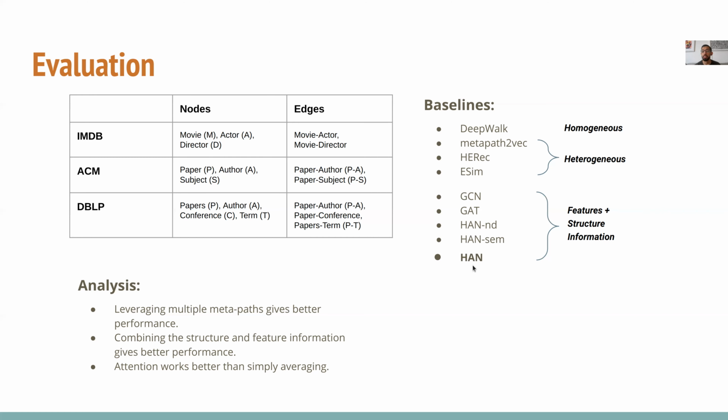They know that because HAN gives better results than metapath2vec, for example, another approach that also employs metapaths but does not work with features. Finally, we can see that attention works better, because when they apply attention they get better results than when they apply only one kind of attention or the normal average. And this is the takeaway that we can get from the experiments.